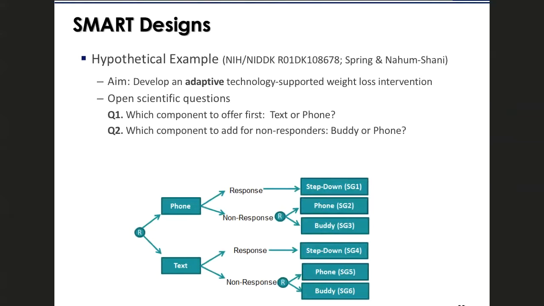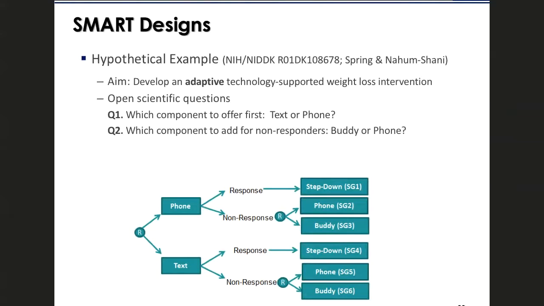This is correct, by the way. We do know. It also assumes that I know how to treat non-responders, that the best treatment is to add body training. Is it the best treatment? I'm not sure. And it assumes that for responders, the best way to address their needs is to step down the intensity of the text messages. It looks kind of bizarre, right? The assumption is that I know everything that I need to know in order to put together an adaptive intervention.